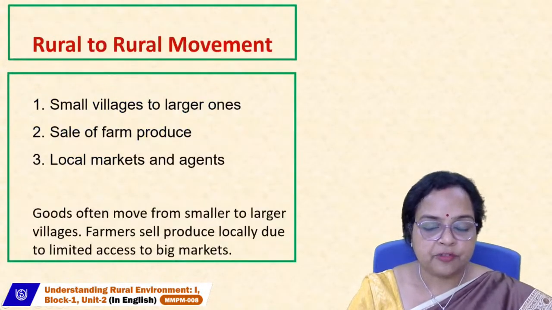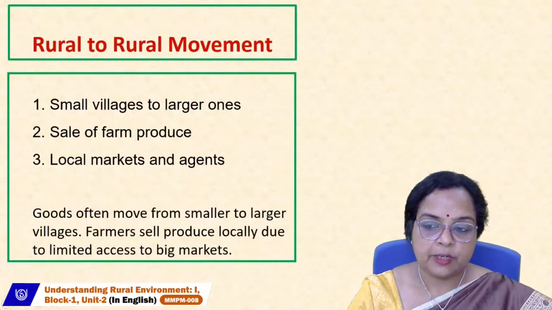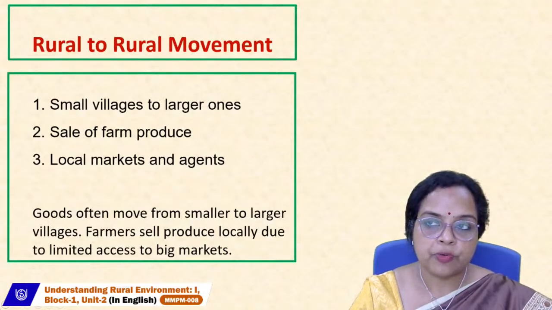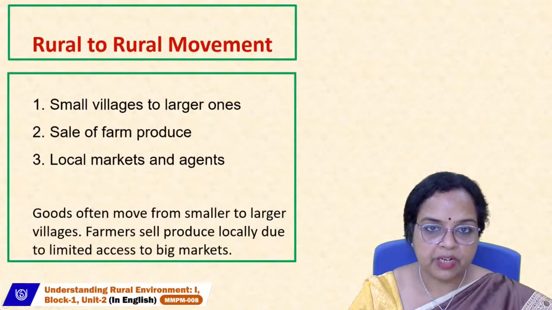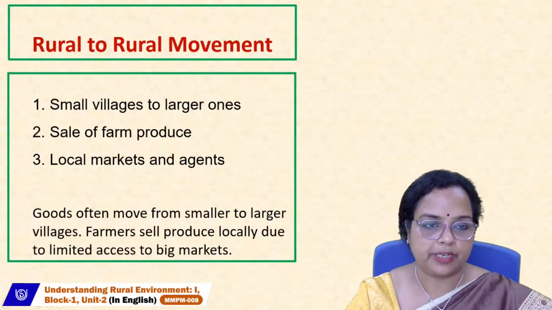So let's understand the first channel, rural to rural movement. This includes small villages to larger ones. They carry their produce. Suppose it's a small scale farmer who has produced some vegetables. Where will he go? Will he go to a mandi to sell a little amount of vegetables? No, he will go to a larger village.